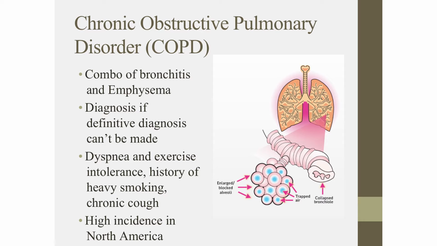So if you remember, in chronic bronchitis, the main problem is going to be physical changes to the epithelial tissue of the bronchi. And because it's called bronchitis, we know that it's inflammation of the bronchi.